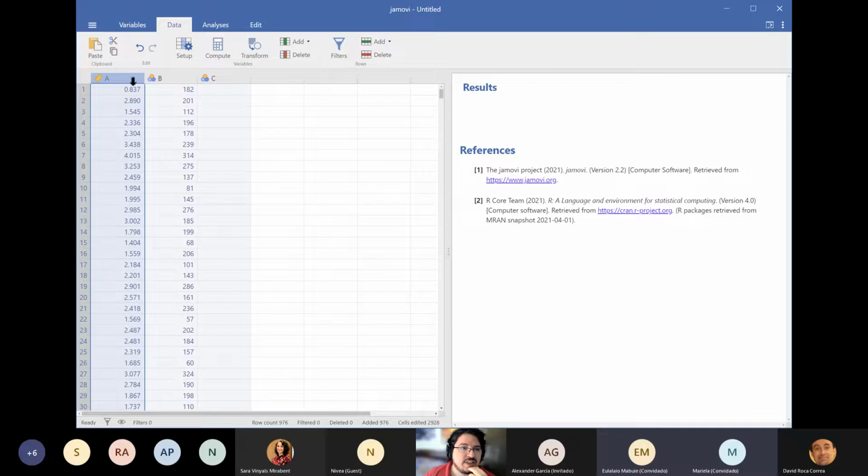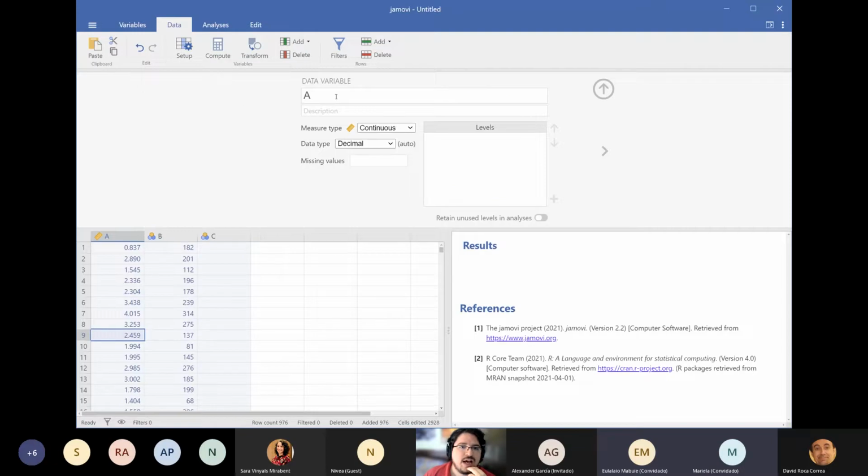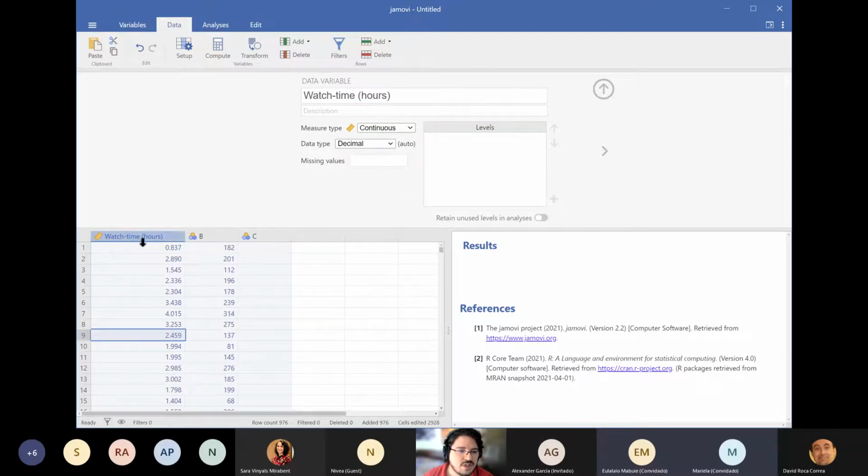Here we have this in column A. If you double left click on column A, Jamovi tells you that this variable is called A, but we can change this to watch time. We can say that this is hours. Okay, watch time hours. You can add a more descriptive set of information, but it won't show in the tab. Now we have watch time hours.